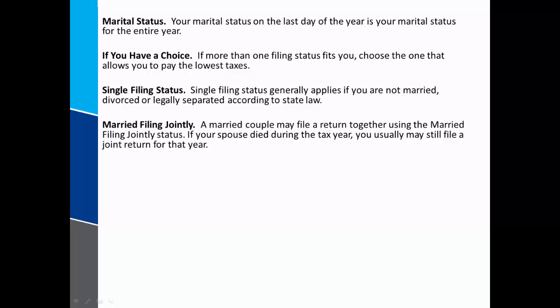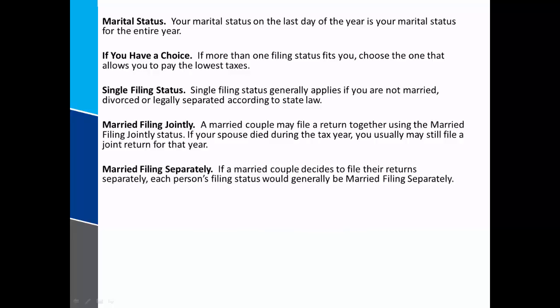A married couple may file a return together using the married filing jointly status. If your spouse died during the tax year, you usually may still file a joint return for that year. 5. Married filing separately. If a married couple decides to file their returns separately, each person's filing status would generally be married filing separately. 6.